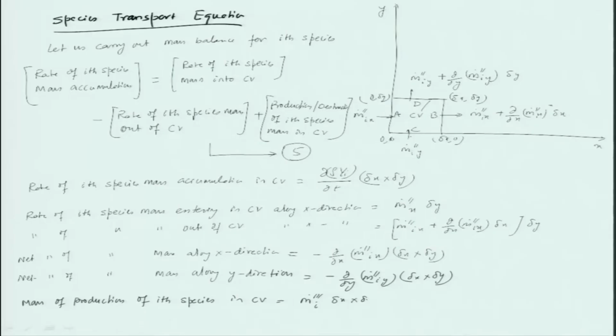Into delta x delta y, into 1 basically. Now, in equation 5 all the terms we have derived. If we include that in equation 5, this is your 6, this is 7, 8 and 9.